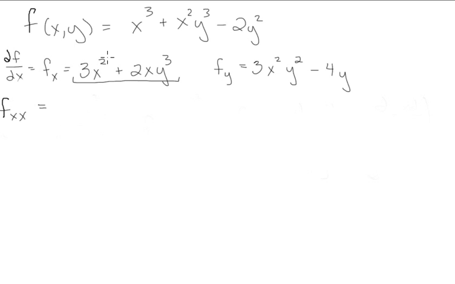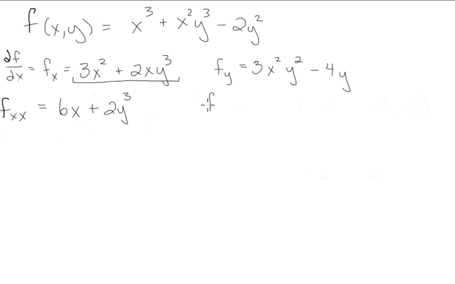So I'm going to take the partial with respect to x of this expression, 3x squared plus 2xy cubed. The derivative of the first term is 6x. The derivative of the second term, remember this y cubed is a constant, and the derivative of x is 1. So I'm left with the constant terms 2y cubed.